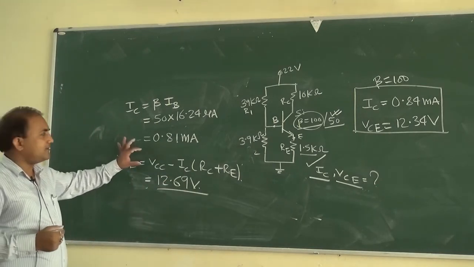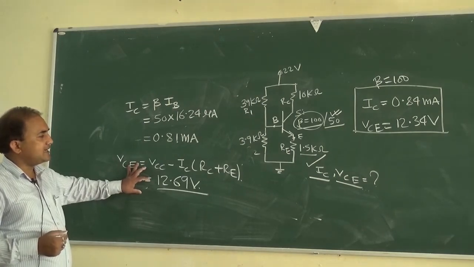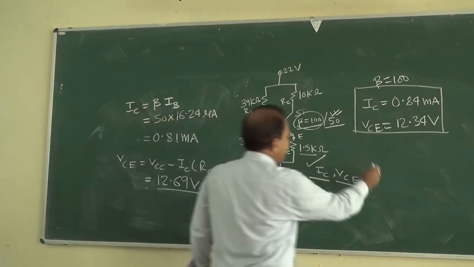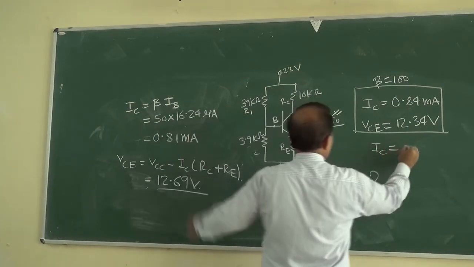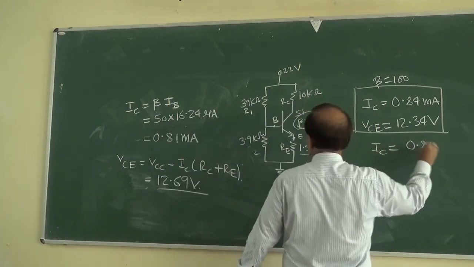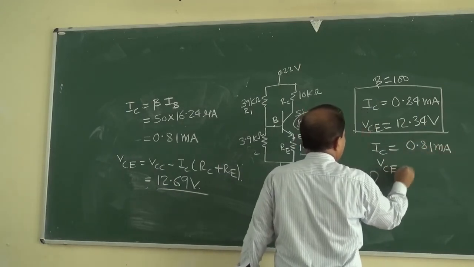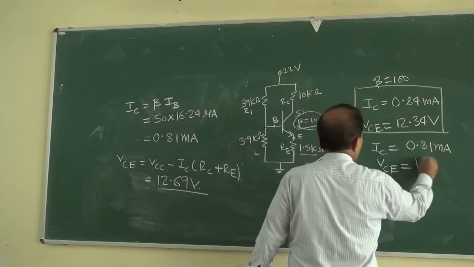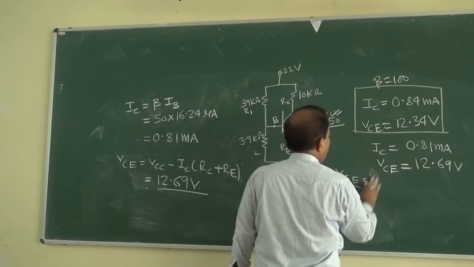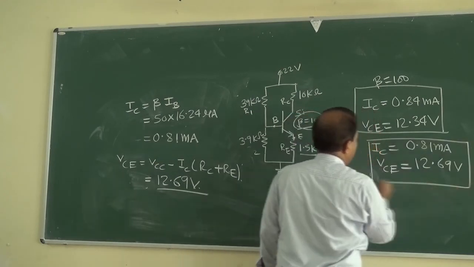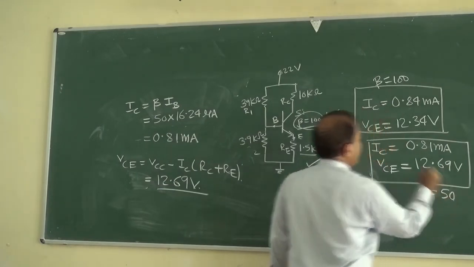If we put all the values, we get VCE as 12.69 volt. So we can write IC is equal to 0.81 milliampere and VCE is equal to 12.69 volt, when beta is equal to 50.